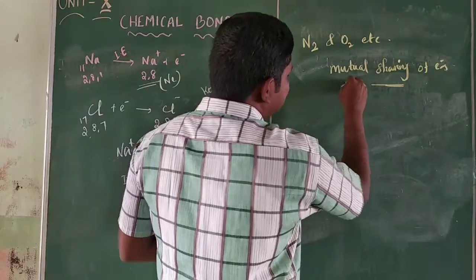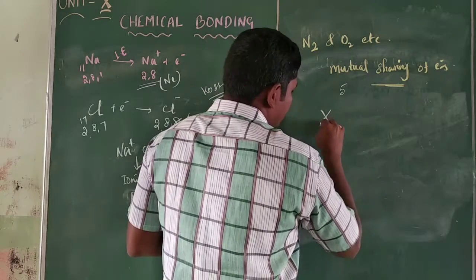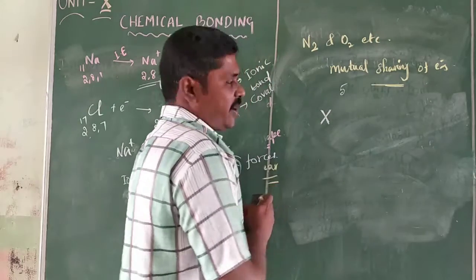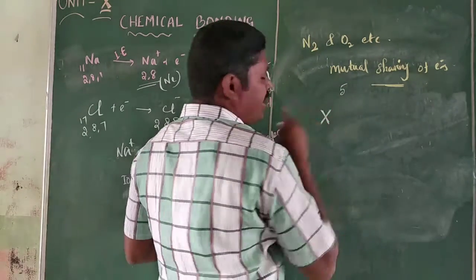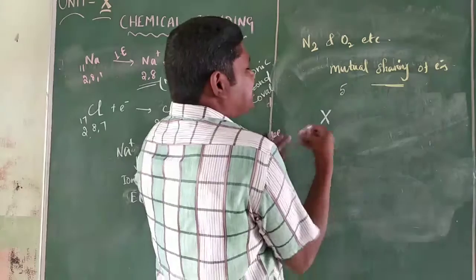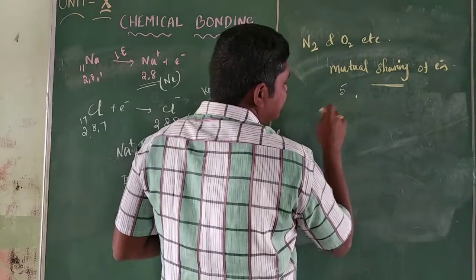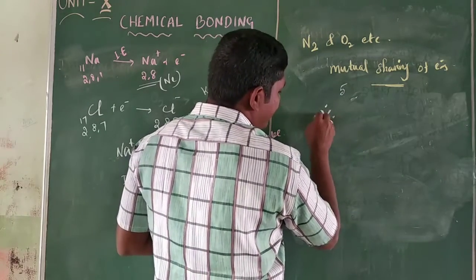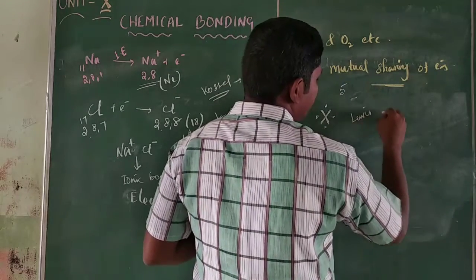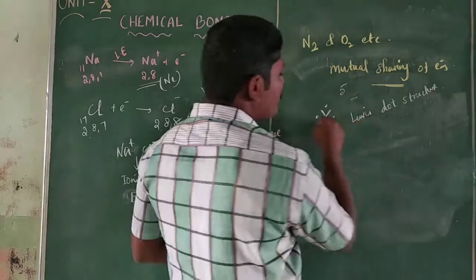For example, if the symbol of an element is X and its valence electrons are 5, each valence electron is denoted by a single dot around the atom. This is the Lewis dot structure.